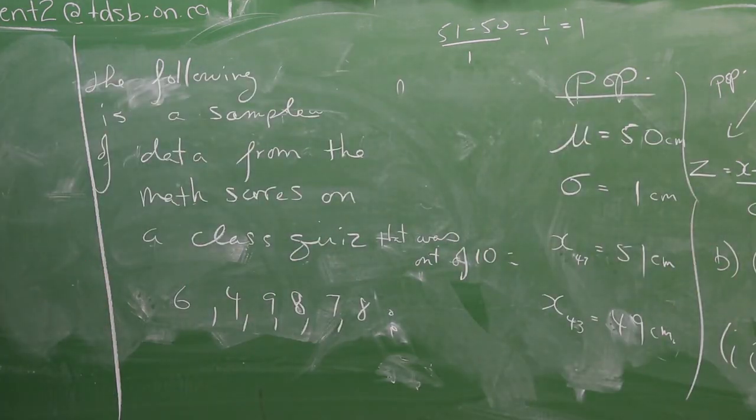So Milad, can you give me the data in order, please? From smallest to largest: 4, 6, 7, 8, 8, 9.